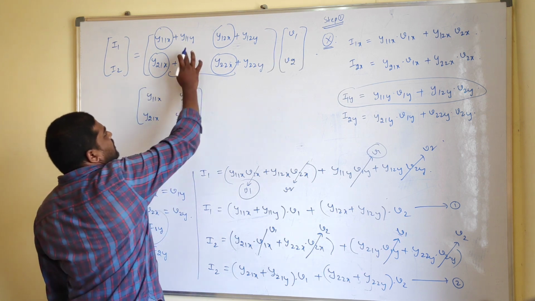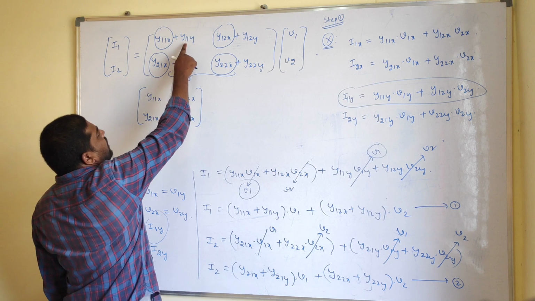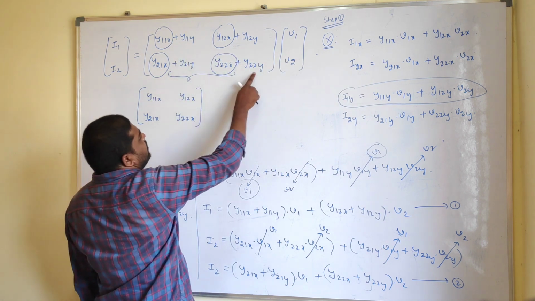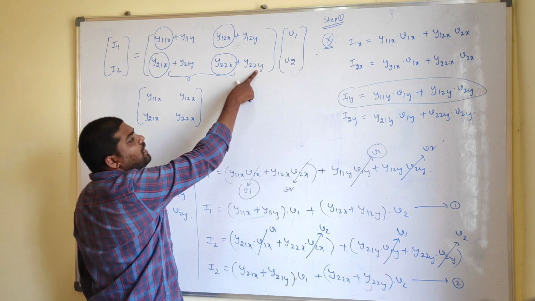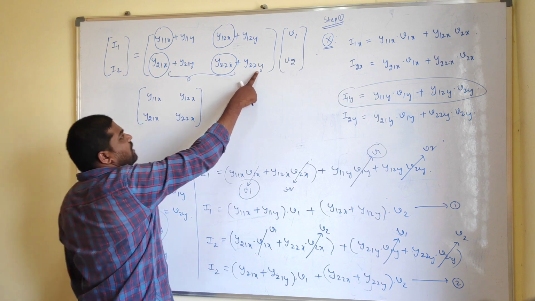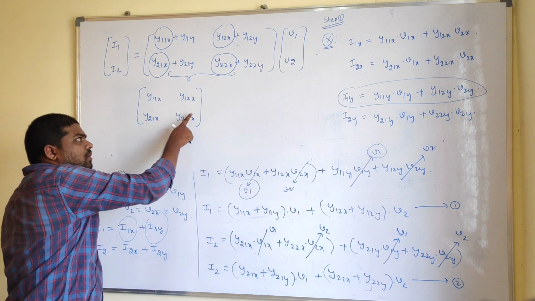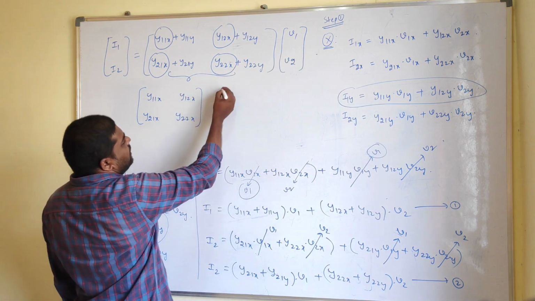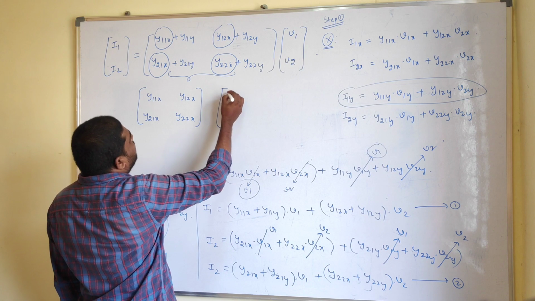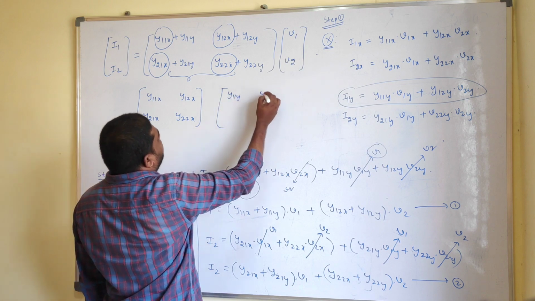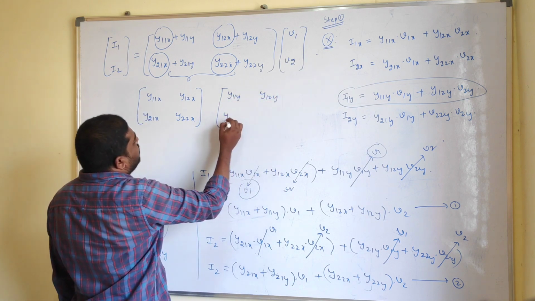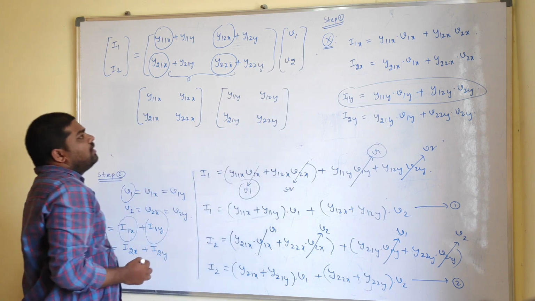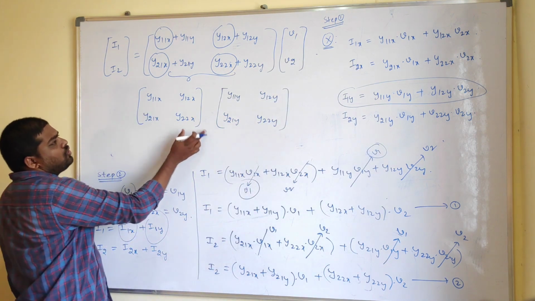Next, focus on Y11y, Y12y, Y21y, Y22y. That means these parameters are related to the Y 2-port network, and those parameters are related to the X 2-port network. I am segregating these two sets of parameters. Now you can add these two matrices.